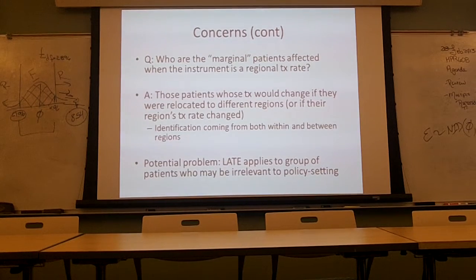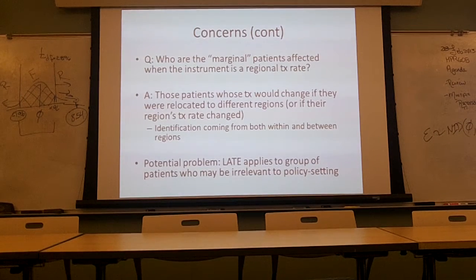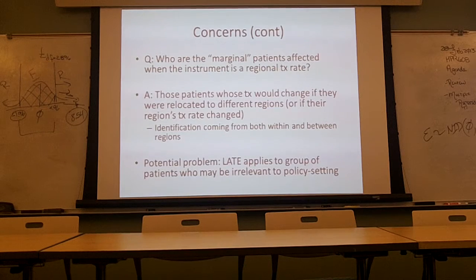At the same time, if you get results that are different from the controlled by observables approach, maybe you're actually addressing unobserved selection bias, and so that could be good. So a lot of it depends on the quality of your instrument and applying the right methods. And the conclusion you make at the end of this is going to have to be one of these, like, on one hand, but on the other hand, not necessarily the most satisfying conclusion, but maybe still better than, well, there may be an omitted variables bias problem, but we don't know, we can't do anything about it, so we're not going to worry about it.